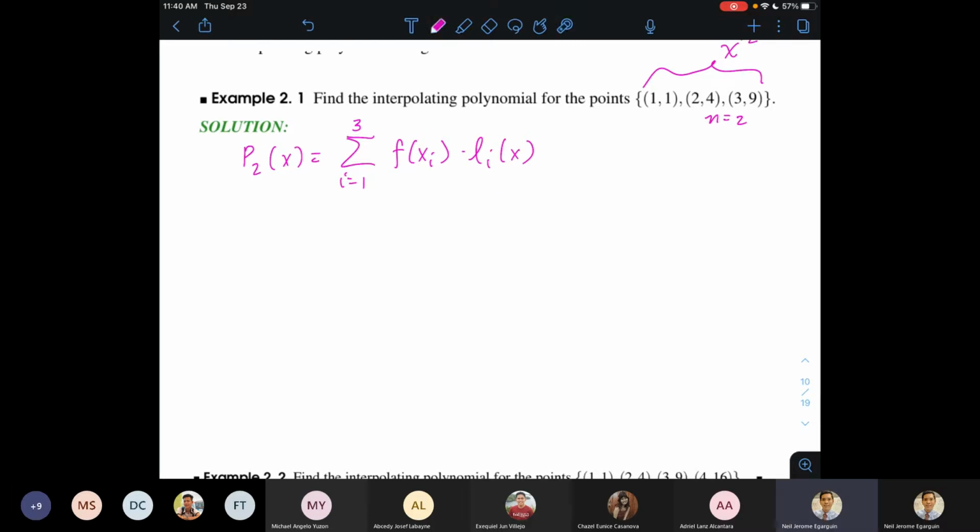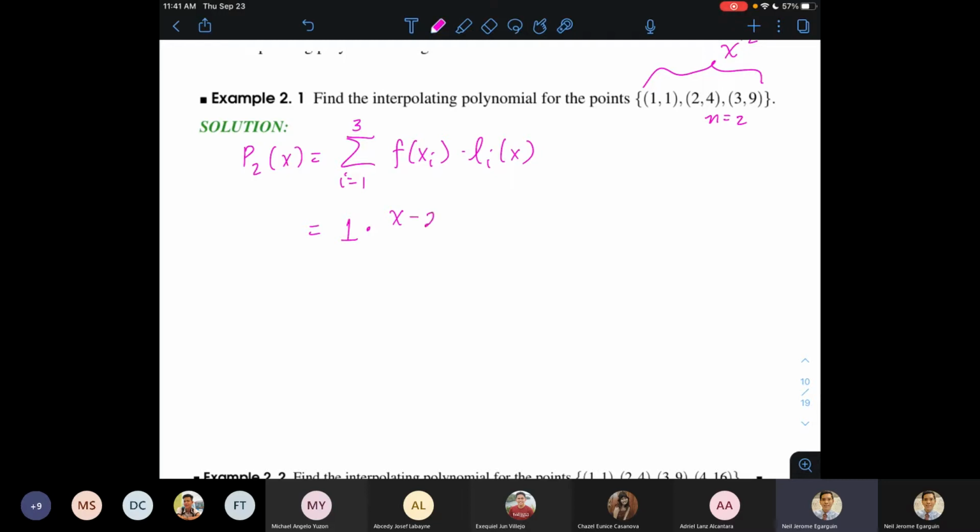So if we'll write this down manually, let's do i equals 1. When i is equal to 1, the first function value is 1. So I'll put that here. So I'll have 1 times yung Lagrange basis polynomial. So I'll have x minus, hindi pwedeng ilagay ko si 1, yung unang abscissa kasi magkakaroon ng 0 sa denominator.